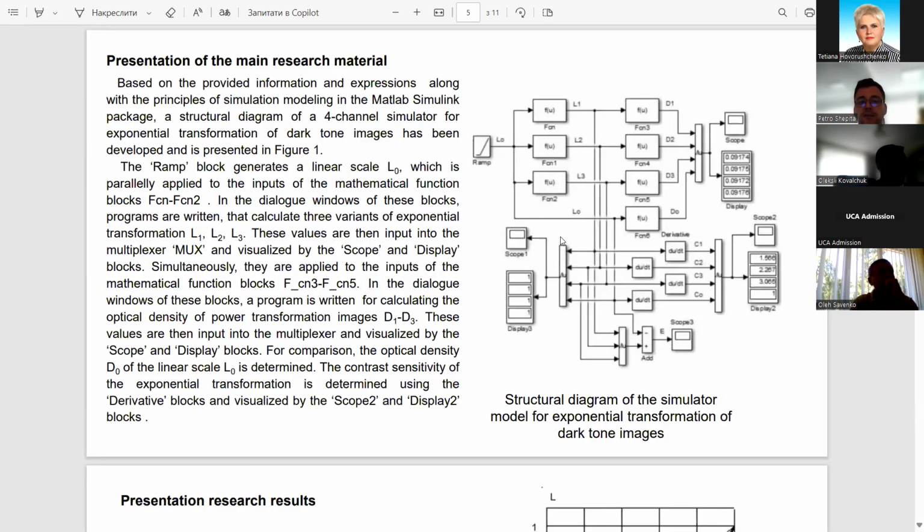Based on the provided information and the principles of simulation and modeling in the MATLAB Simulink package, a structural diagram of a simulator for exponential transformation of dark tone images has been developed and is presented in this figure.